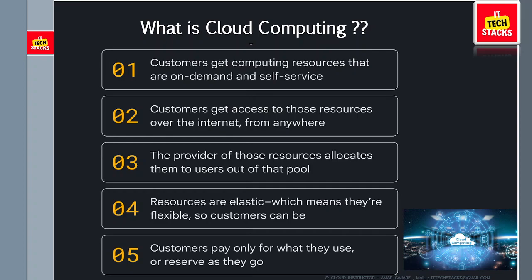That's what point number one explains: customers get computing resources that are on demand, resources like hardware, software, CPUs, memory, database. These are the computing resources that customers get on demand.